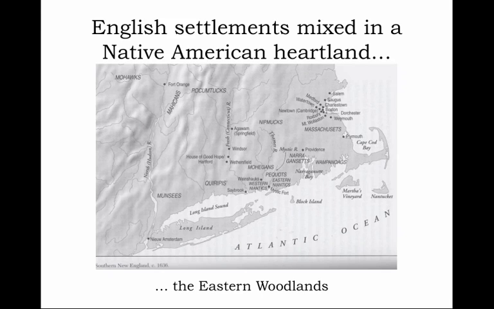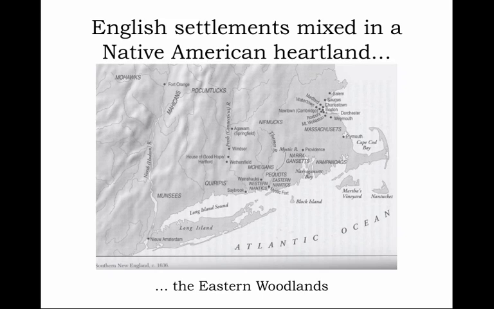Well, what was this New England so-called? Well, these were English settlements mixed into a Native American heartland. And just as the Algonquin communities of the Chesapeake had predated and organized the lands of what became Virginia and Maryland, so too now the native peoples of the eastern woodlands will likewise hold sovereignty over much of that region for many generations before the arrival of the English.